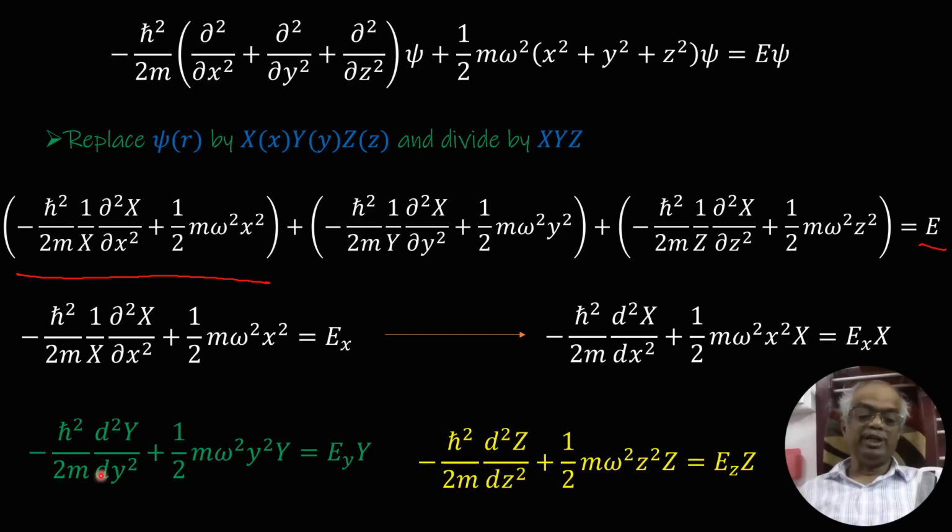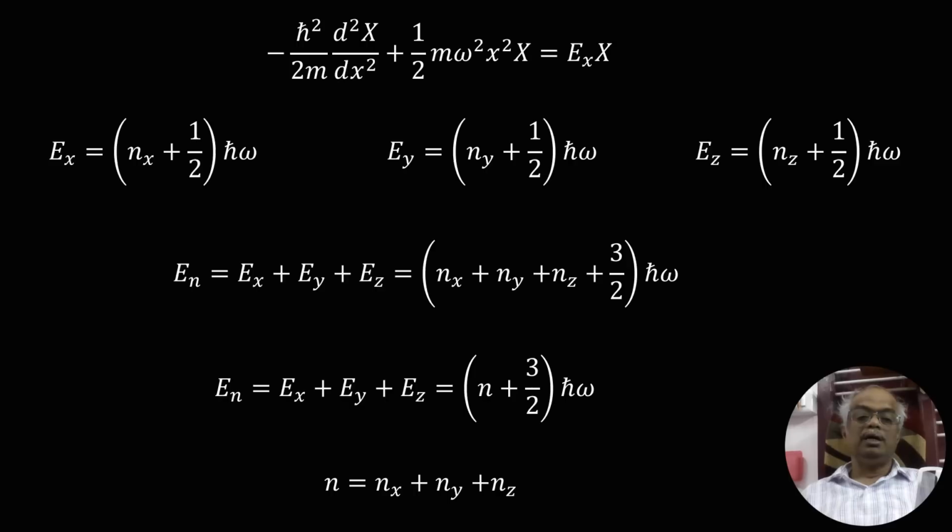Similarly for y, I will get this one, with y instead of x. Similarly for z, I will get it like this. Now we will find the final answer. Along the x direction, we got this relation, which is equivalent to the one-dimensional harmonic oscillator Schrödinger equation.